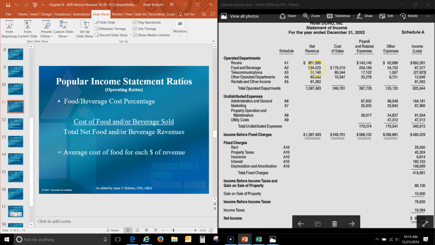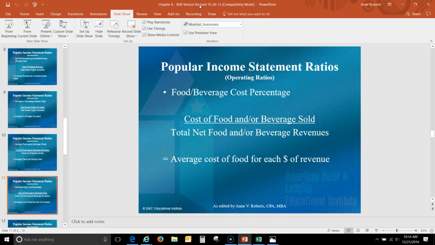Now, the reason why we evaluate this ratio is this is the one cost that we have to have to be able to serve guests, right? If cost of food or beverage goes away, we've got nothing to sell. So what we're trying to figure out here is the absolute minimum: what is the average amount that we are spending per dollar of revenue for those services?